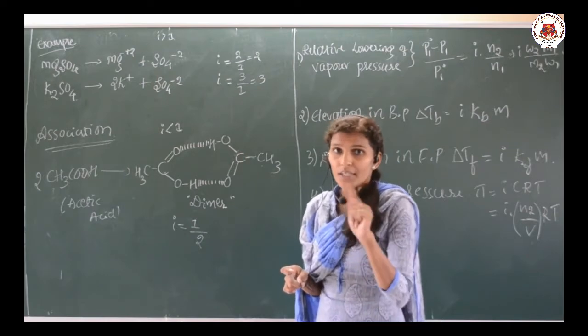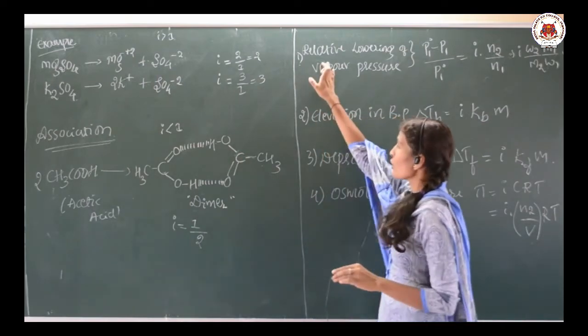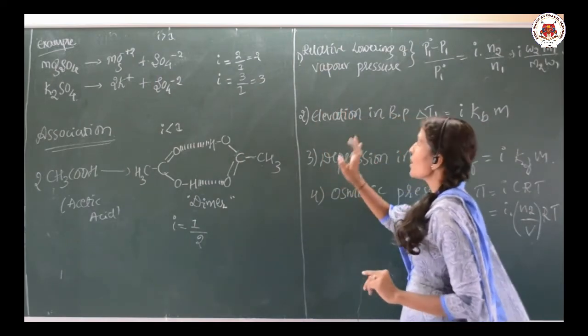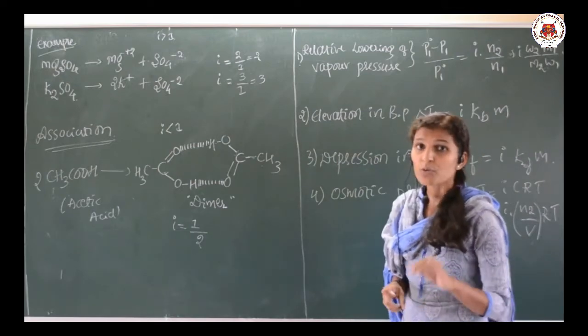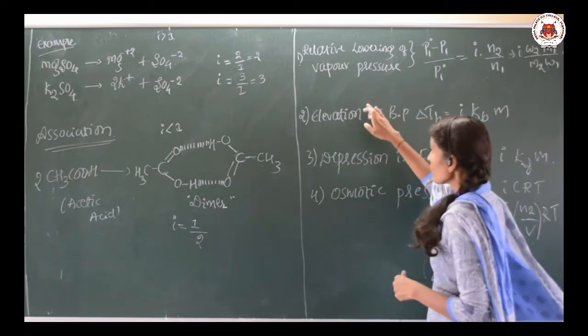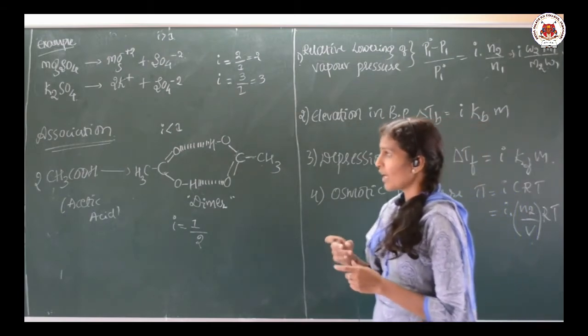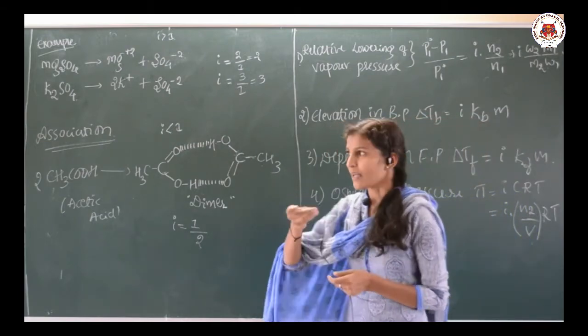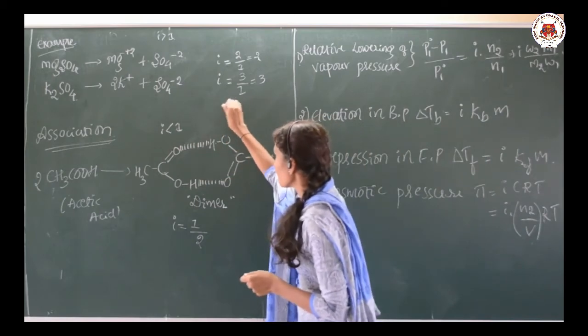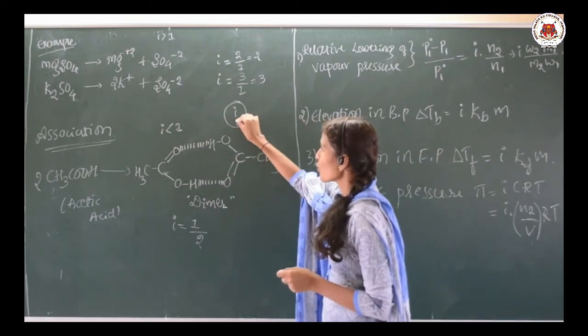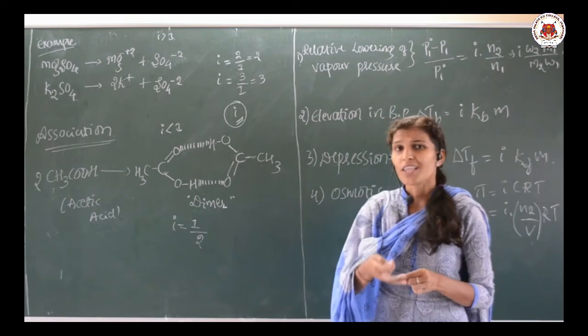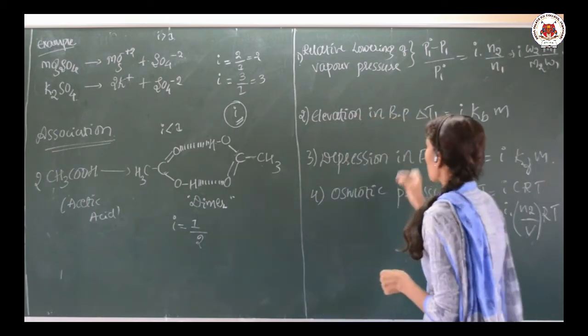In the previous colligative properties we discussed, we were considering the solute as a non-electrolyte, but here we are considering the electrolyte solution, and it accounts for the i term, the Van't Hoff factor. So, that is introduced in our colligative properties.